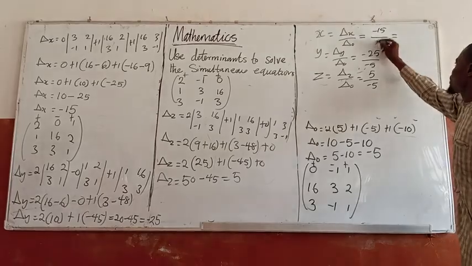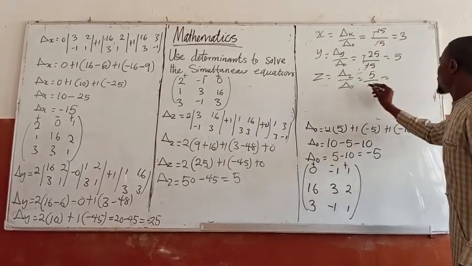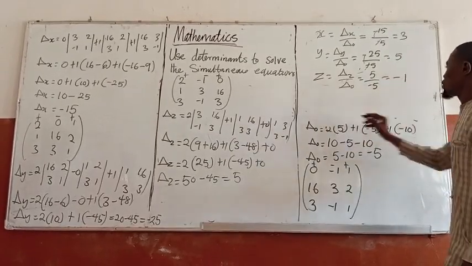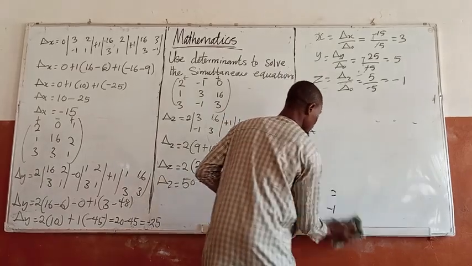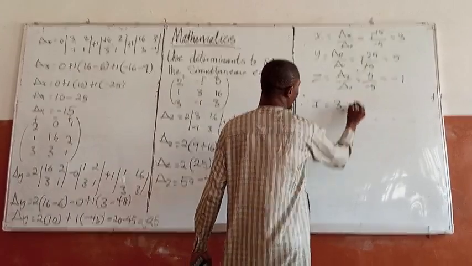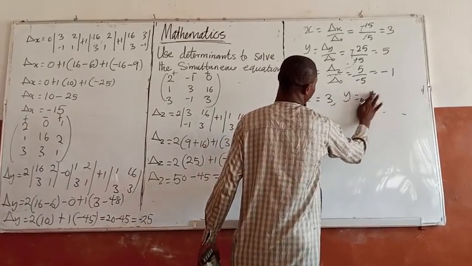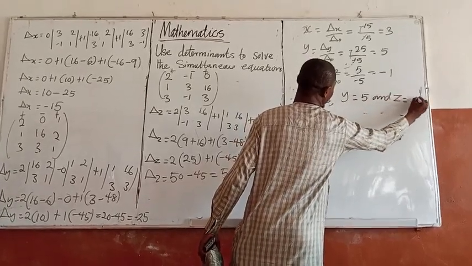Here, if I do minus cancel minus, we have 3. Minus cancel minus, we have 5. We have minus 5 over 5, the other we have 1. Therefore x is equal to 3, y is equal to 5, and z is equal to minus 1 respectively.